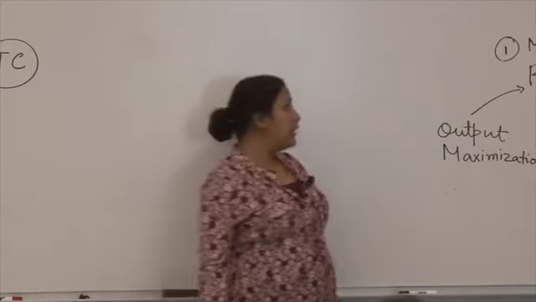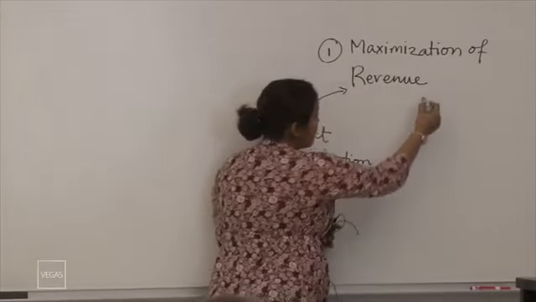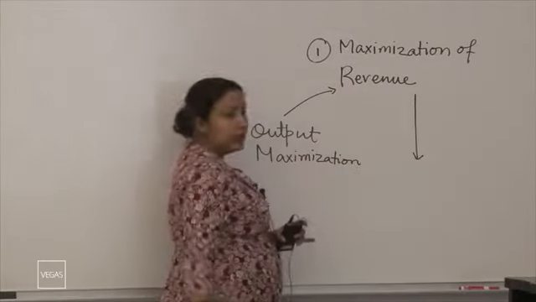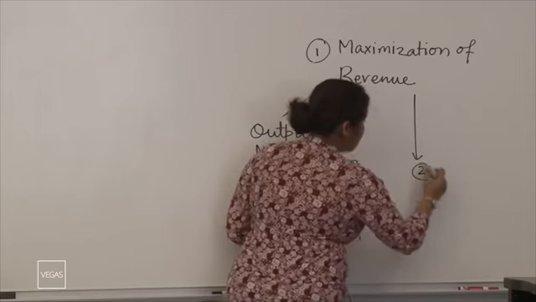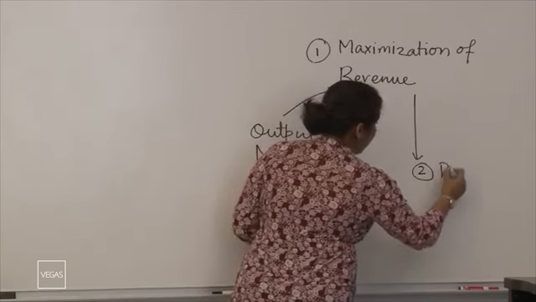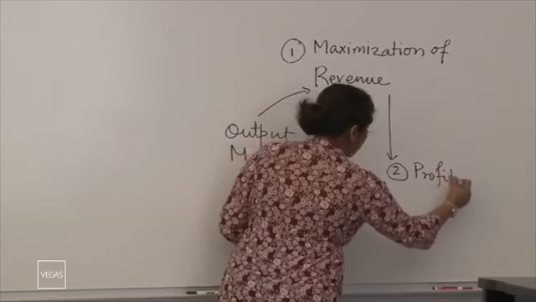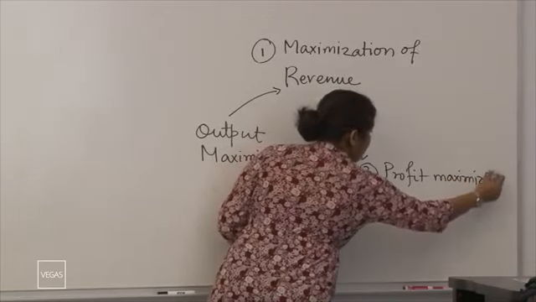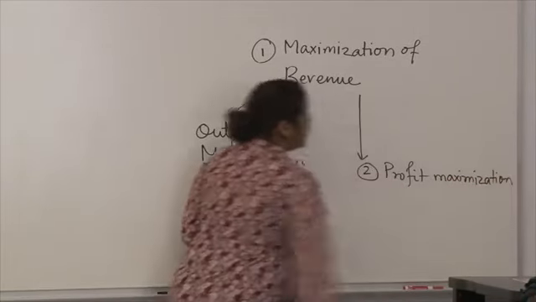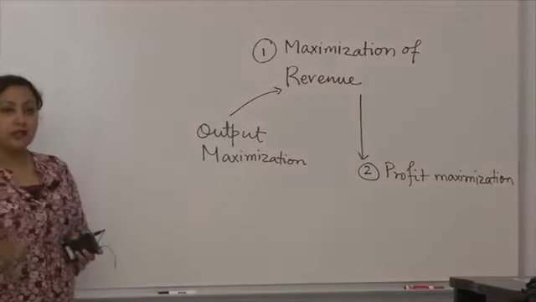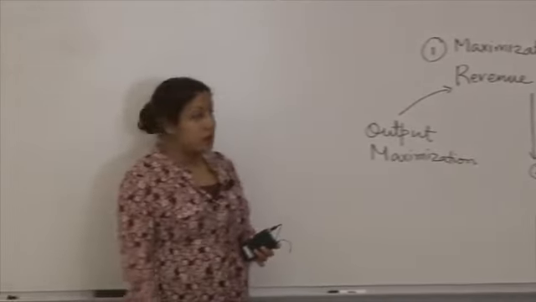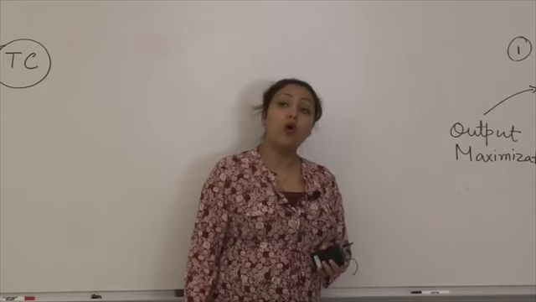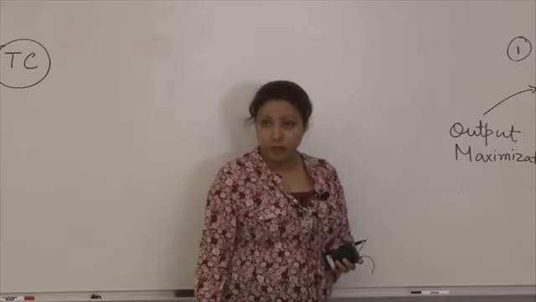Okay? And if a business ends up maximizing its revenue, then usually it is able to maximize its profit. So, profit maximization. But even if a business is able to maximize its revenue, it may not always be able to maximize profit.